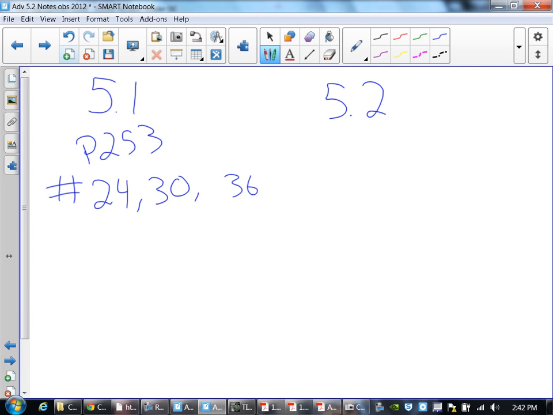We'll get more fancy with it later. 5.2, page 260. These were the 3 graphs, these are factoring.